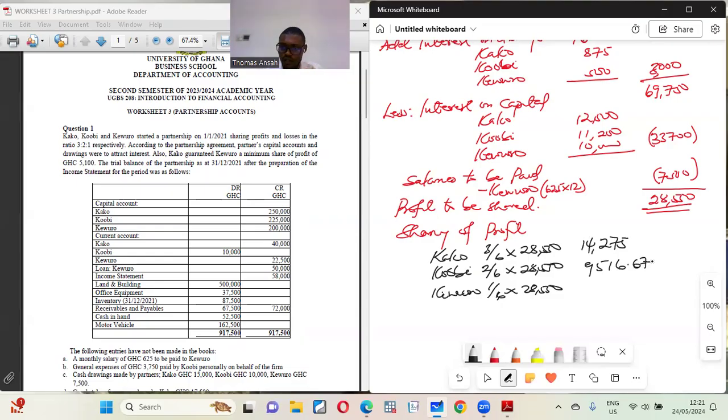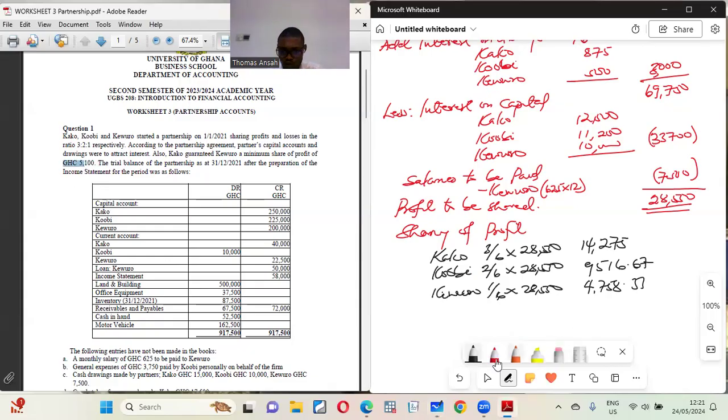That is what we have. All right, you can round it, but you have to tell the examiner you rounded it. The last person also has 1 over 6 of that, so that one gives me 4,758.33.